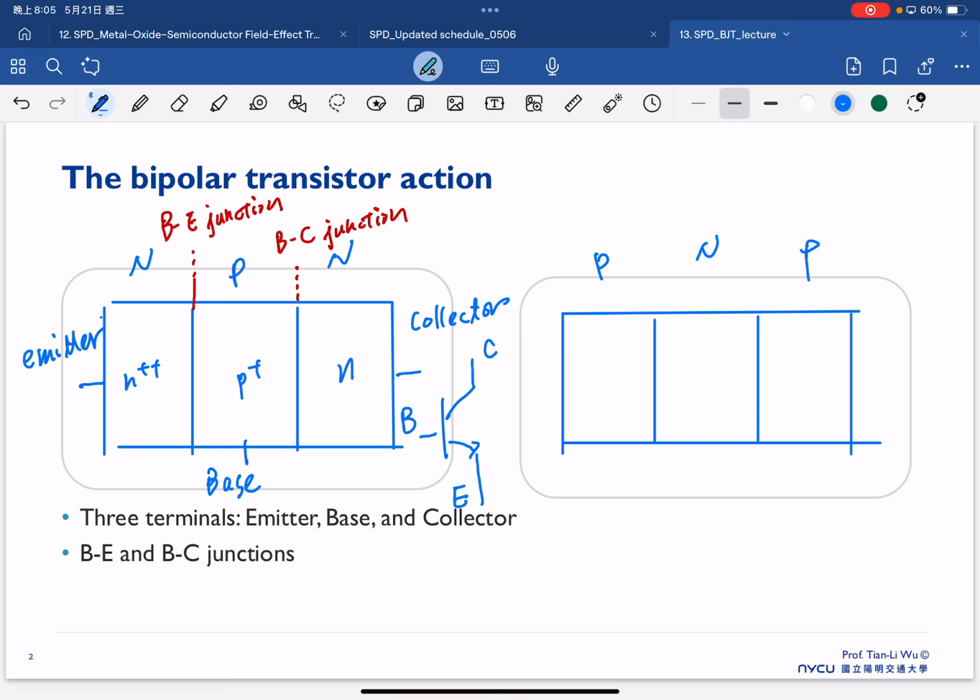Similarly, we have P++, N+, and P here, where this one is our base region, this one is our emitter region, and this one is the collector. And the circuit symbol for the BJT is shown here.